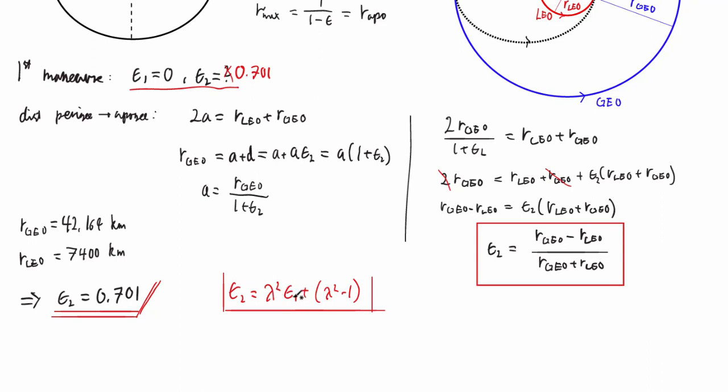Given that epsilon 1 is 0, what we're left with is just epsilon 2 equals lambda squared minus 1, or lambda is the square root of 1 plus epsilon 2, which turns out to be 1.304.